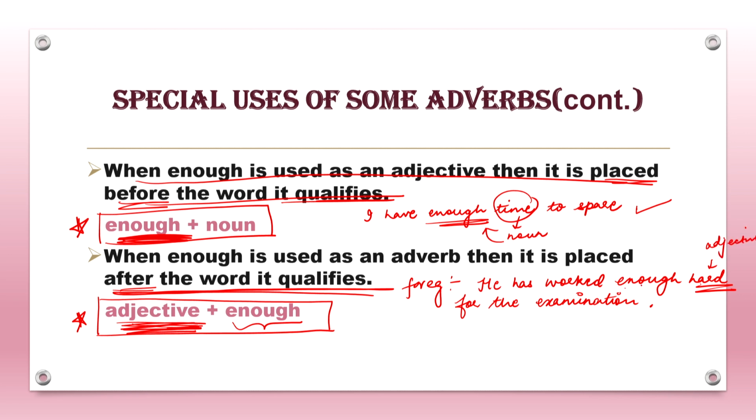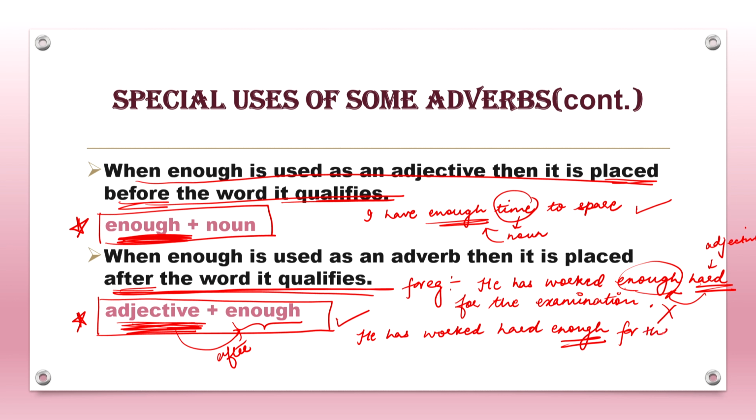And as you can see, enough is placed before the adjective, which is wrong. We just did that enough is placed after the adjective. Hence, the correct sentence would be: he has worked hard enough for the examination.